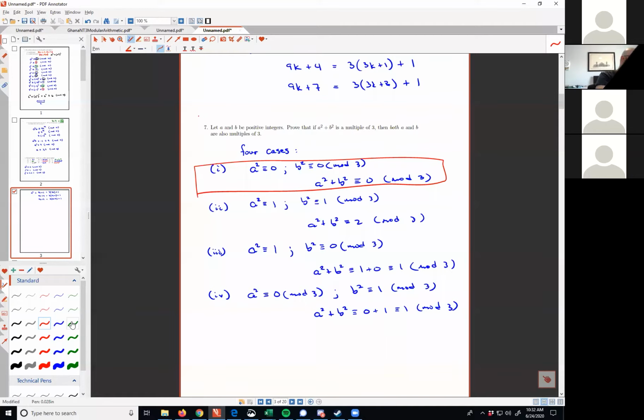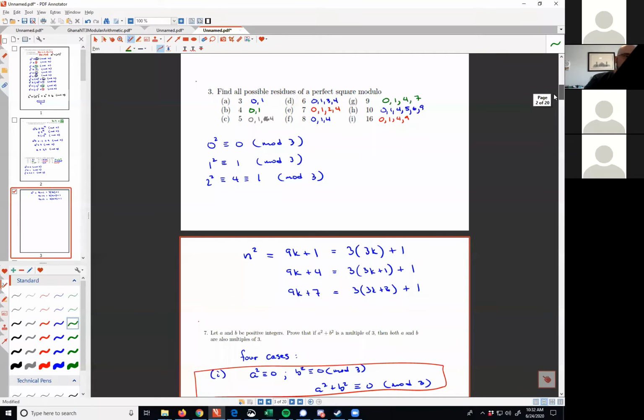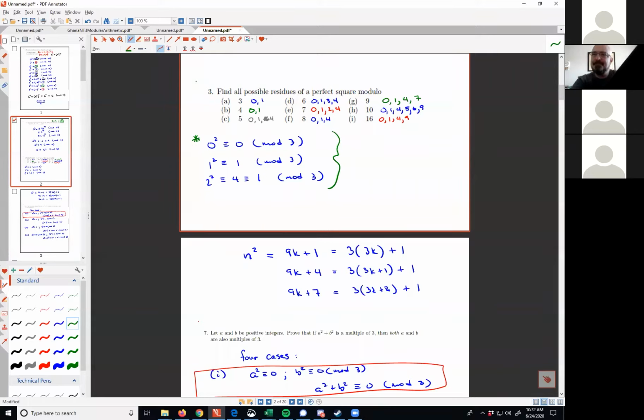It means that since a squared is equivalent to 0, it's a multiple of 3. And b squared is equivalent to 0, it's also a multiple of 3.